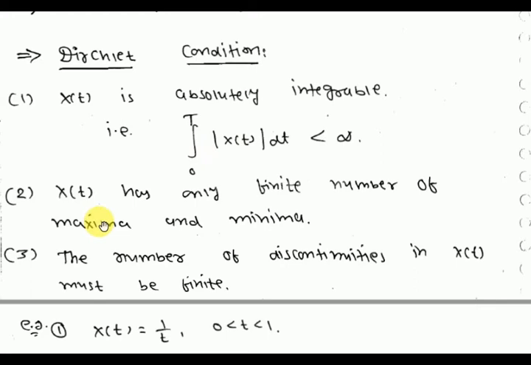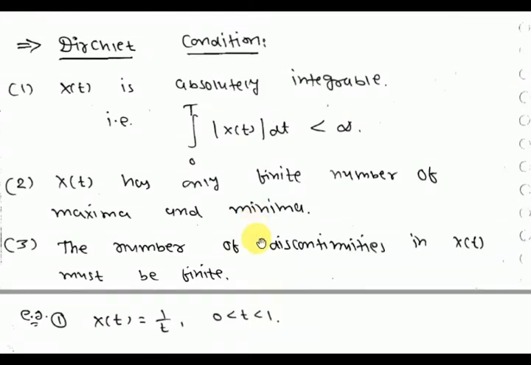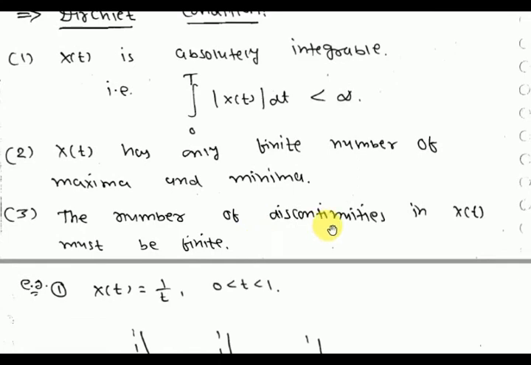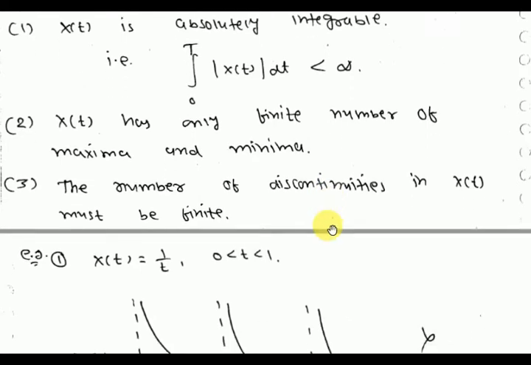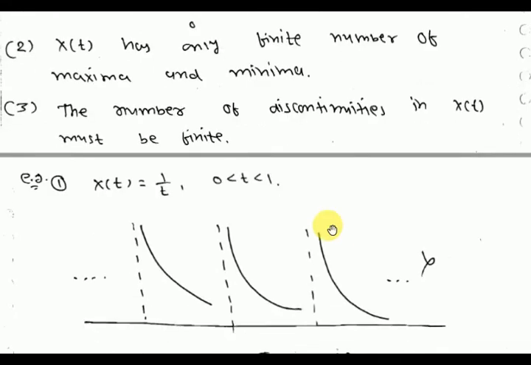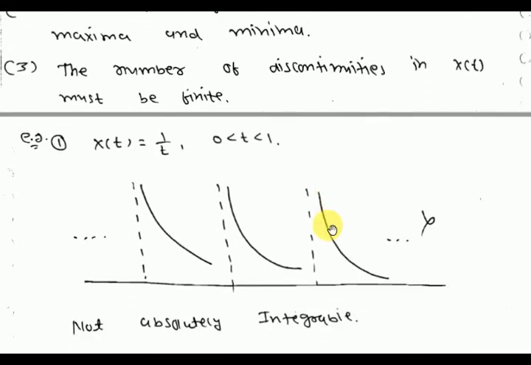Second, x of t should have a finite number of maxima and minima, not infinite. Third, the number of discontinuities in x of t must be finite, not infinite.